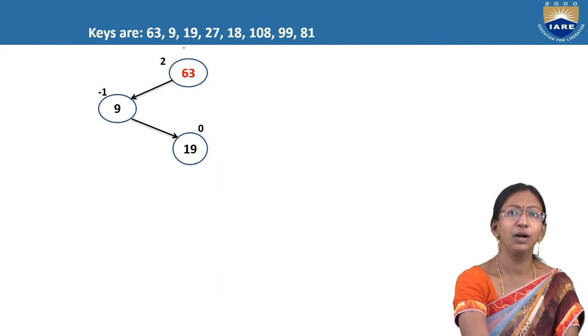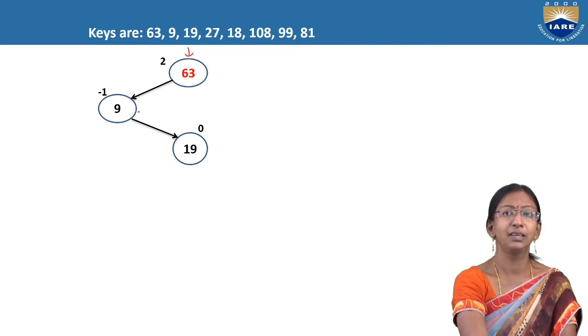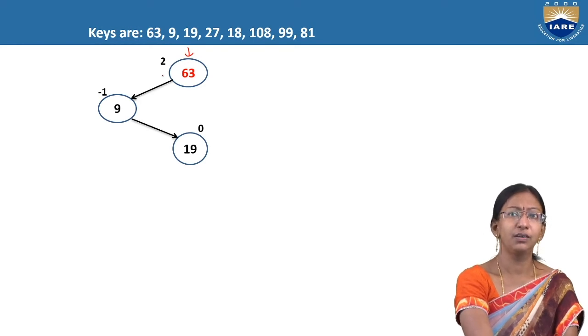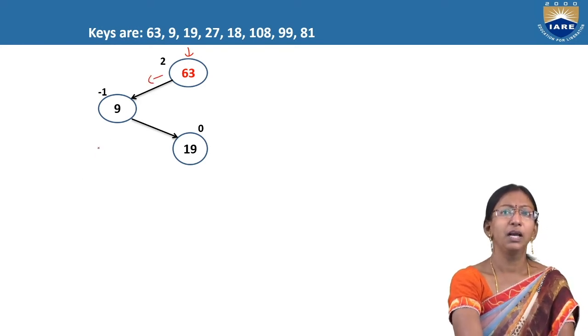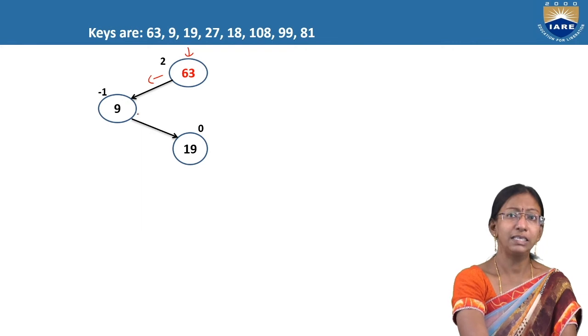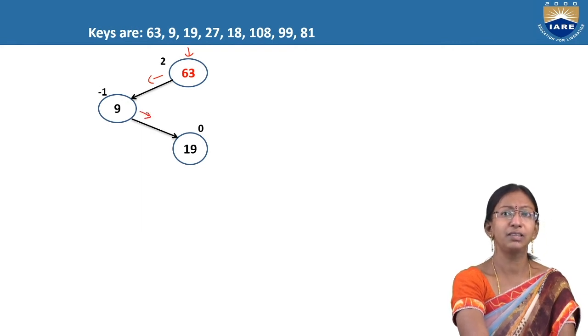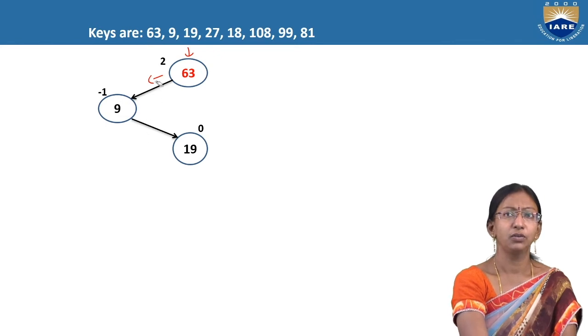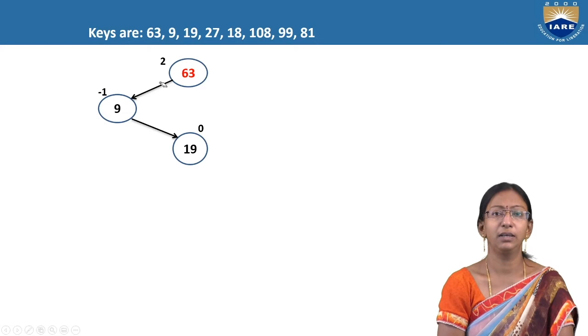Now insert 19. While inserting, you have to start from the root. 63: as 19 is lesser than 63, it will go to the left subtree. When compared with 9, 19 is greater, so 19 will sit as the right child of 9. Now calculate the balance factors. 63 violated.